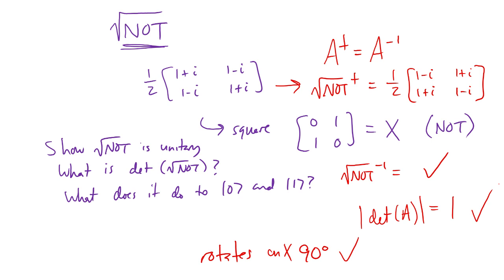What's fun is if you square this, you get 0, 1, 1, 0, which is just the X gate. So the X gate is the quantum version of the NOT gate, right? And so that's how this gate gets its name. The square root of NOT gate is the square root of the X gate.